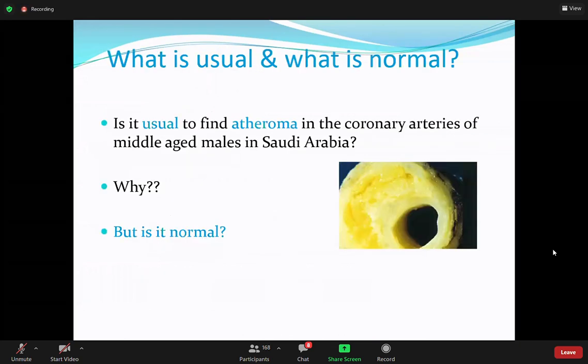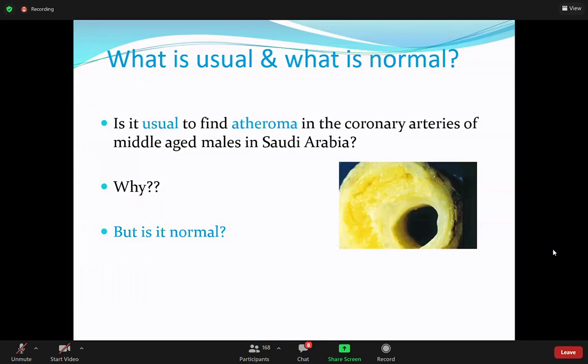Then what is usual and what is normal? For example, it is usual to have atheroma in a coronary artery, especially in the middle-aged Saudi man. Is it normal? Now, if you see here, this is basically an atheroma. Atheroma is excessive deposits of fat in a coronary artery. What does it do?